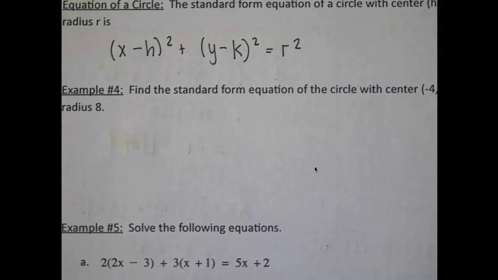H is negative 4. How do we know that it's H and K? Oh, okay. So you're just given one ordered pair, H and K. You always know it's going to be H and K. You see it here. And then radius R. We have the radius. And we just plug it in.